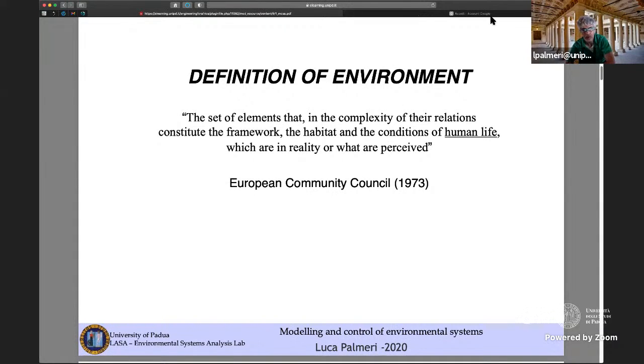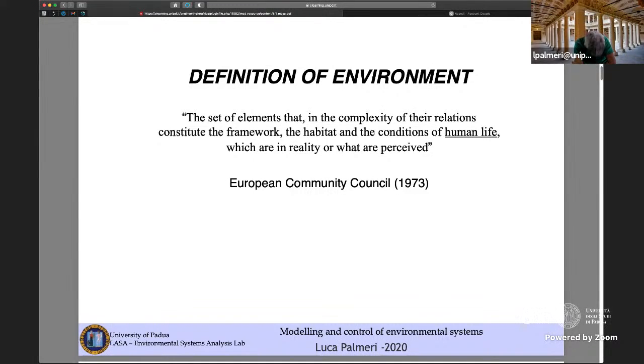Sorry, I'm meeting a lot of people that are connecting late. Environmental systems are based on the definition of environment. There are several definitions of environment, depending on the context in which these definitions are used or provided.